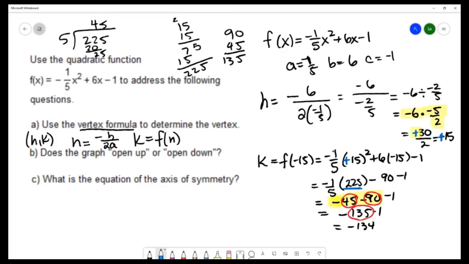But if we change this right here to a plus, that's going to change this to a positive 90, and it will change this up. So let me go ahead and correct that. So now we have a negative 45 plus 90 minus 1, and that should be a positive 45 minus 1, and we get 44. So now we found the vertex to be 15, 44.